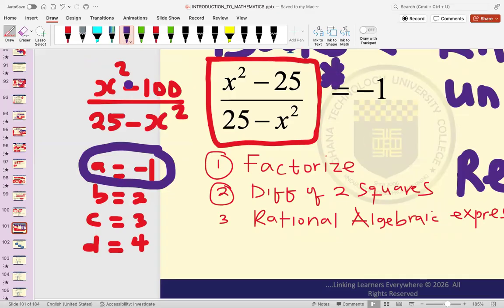Mistakenly, the person typed what I've written here for you. And then you also worked it correctly using factorization, using difference of two squares, using rational algebraic expressions. And then finally, you had an answer of 5. And you came to check your answers, and your answers are not here.